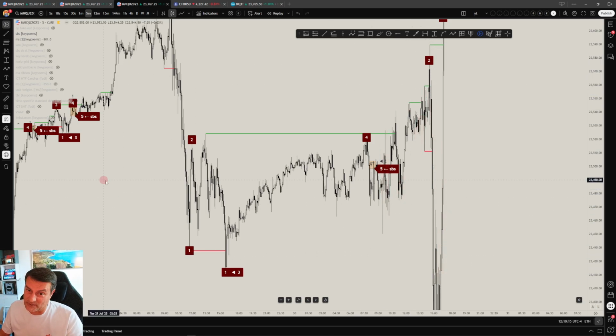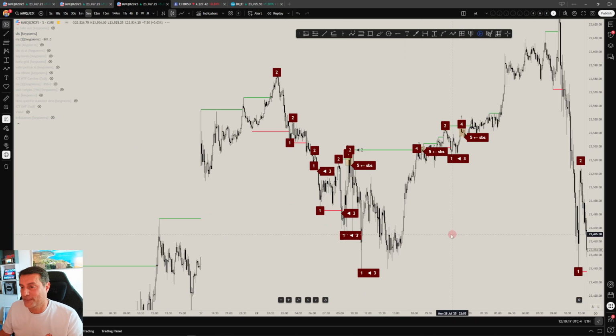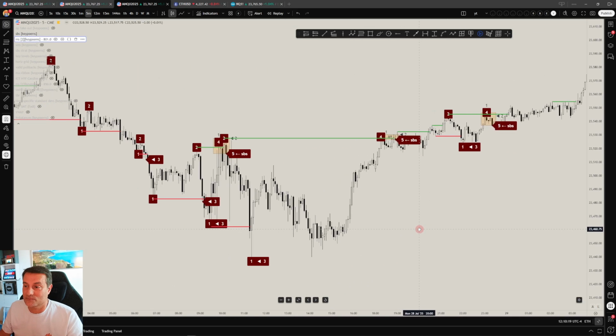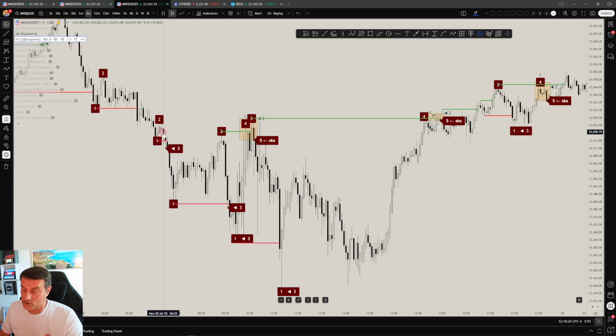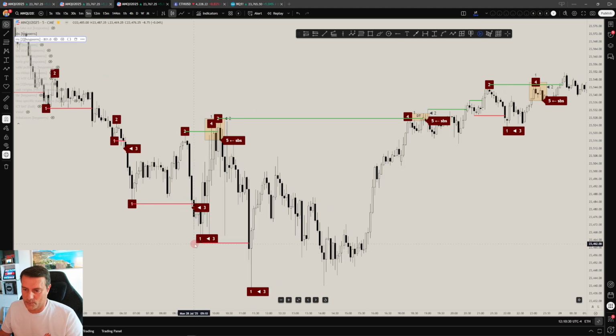All right, so the count, at least for this indicator that I am building that tries to use market structure to count, sometimes things are hard. Yeah, this was the open of the 28th of July.